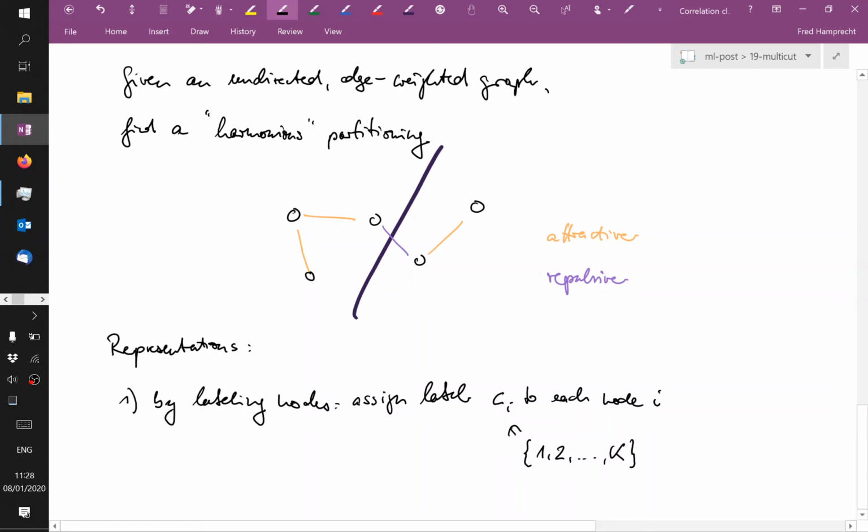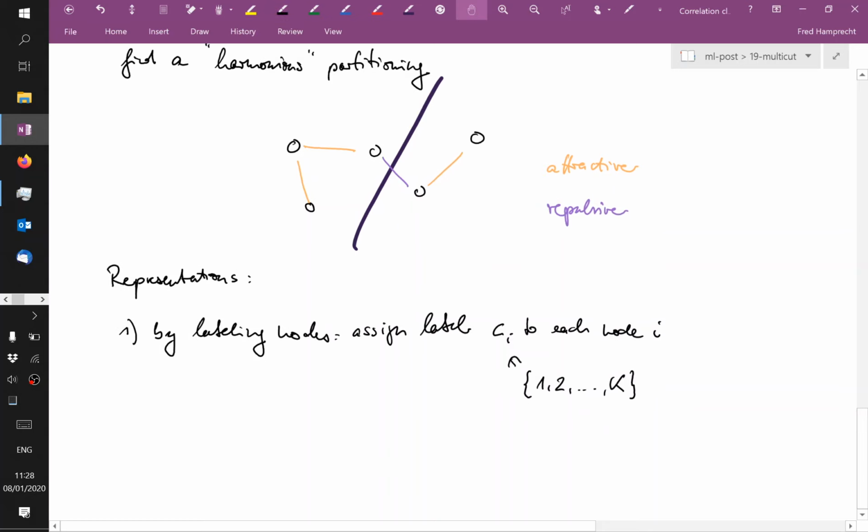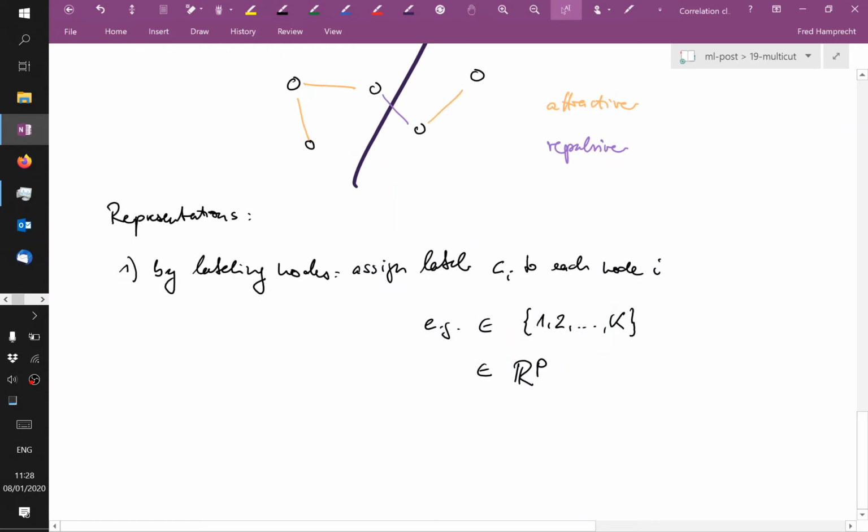But in fact, they could even be real numbers, or they could be vectors, e.g., in a p-dimensional space. All right, this is the one choice.